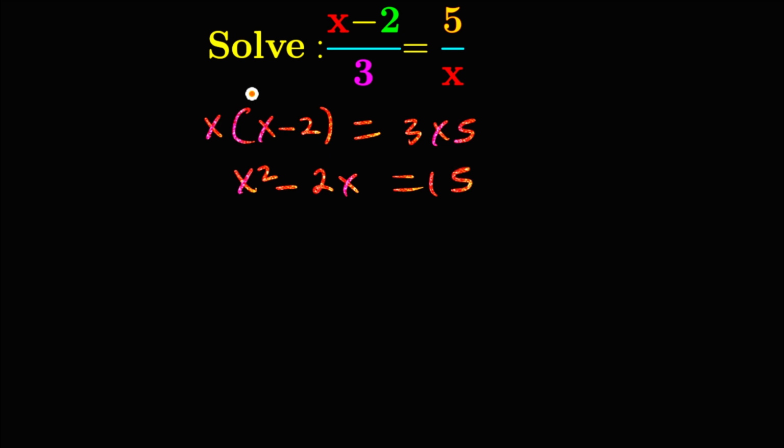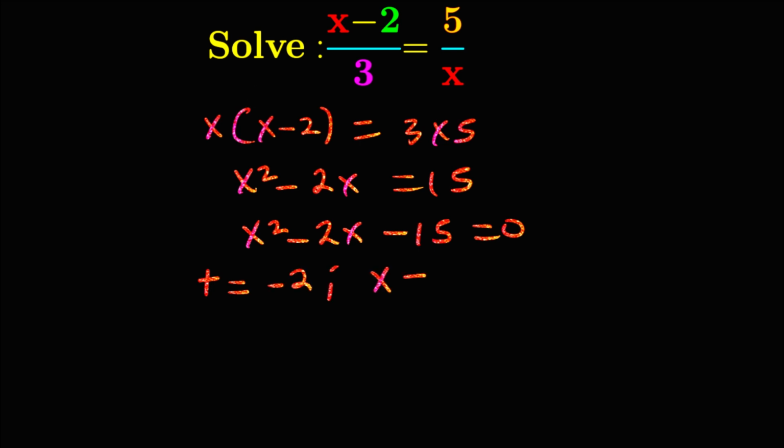So we can bring this constant term to the left hand side. So we have x squared minus 2x minus 15 equals 0. So what we have here is a quadratic equation which we can solve using factorization method. So for factorization method, we are going to look for two numbers whose sum is the same as b. In our case, b is negative 2.